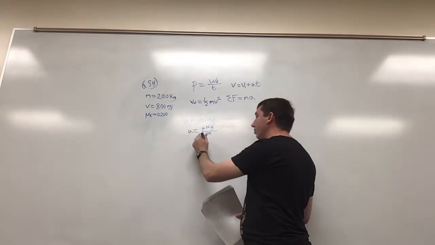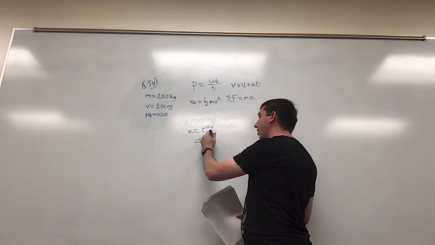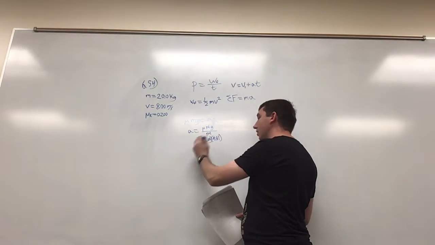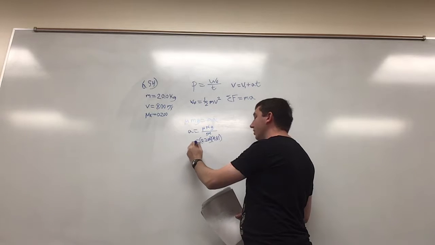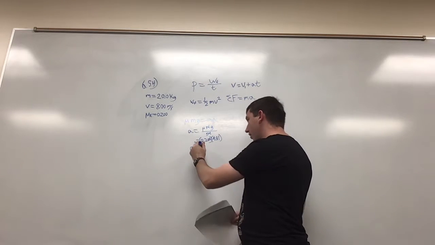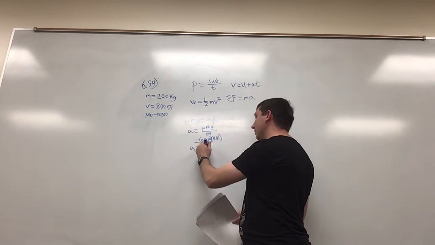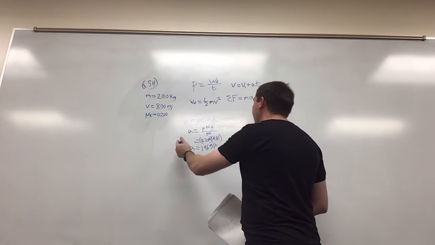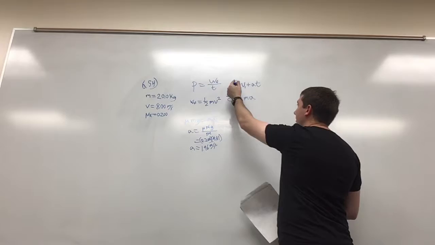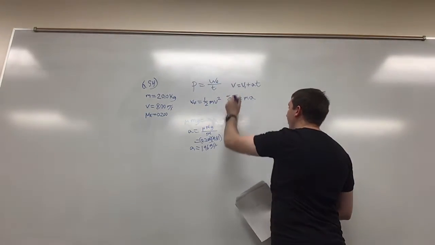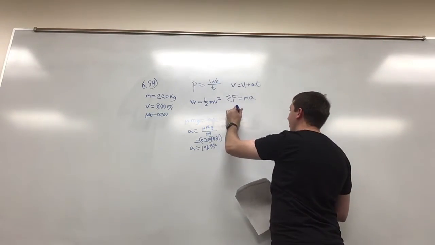So 0.200 times 9.81, and that gives you an acceleration of 1.96 meters per second squared. We can then use that in this equation, so we know that our final velocity is going to be equal to 0.